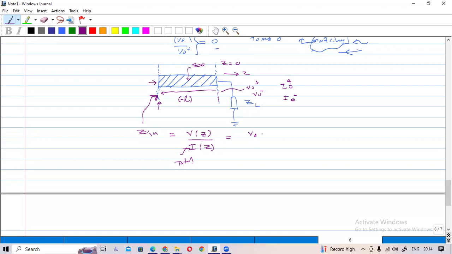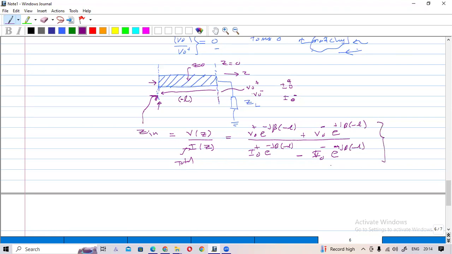So you can write this as V naught plus e to the power minus j beta L, plus V naught minus e to the power plus j beta L. Same way you can write the current as I naught plus e to the power minus j beta L minus I naught minus e to the power plus j beta L.